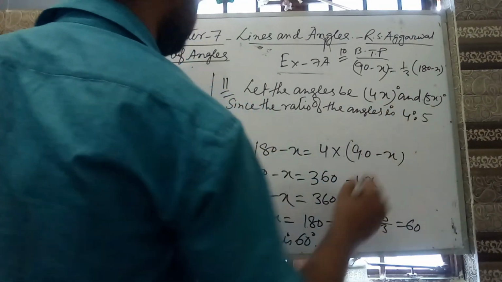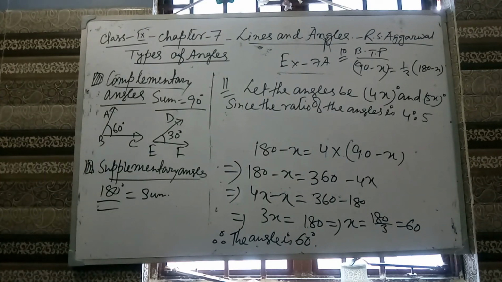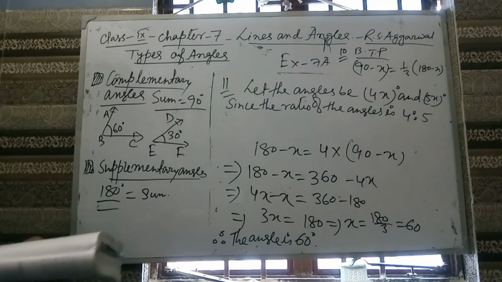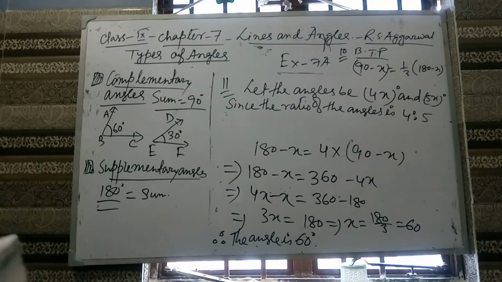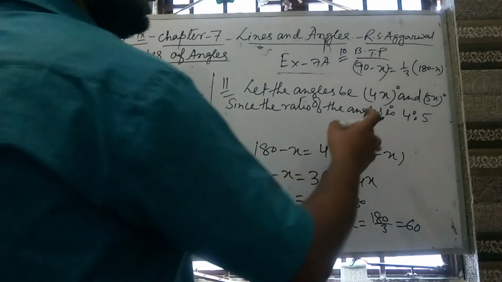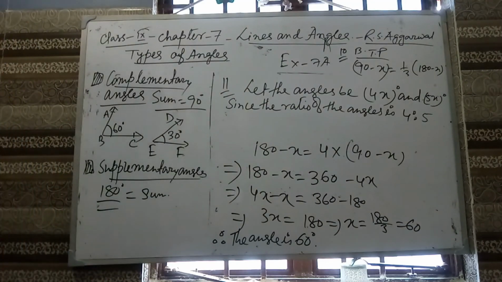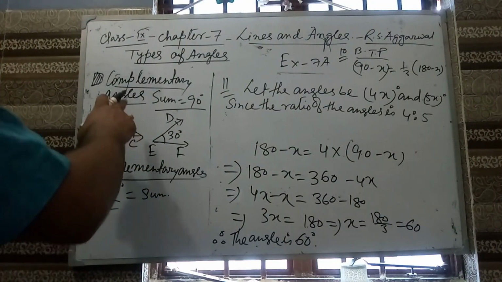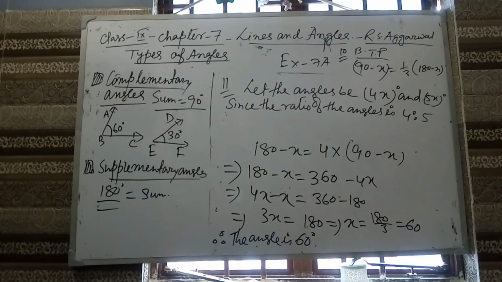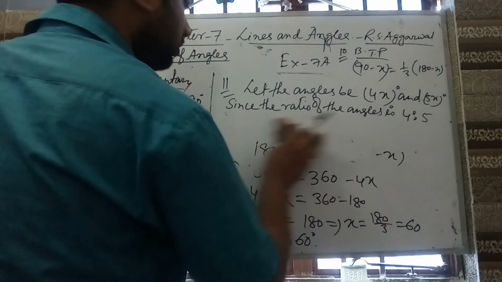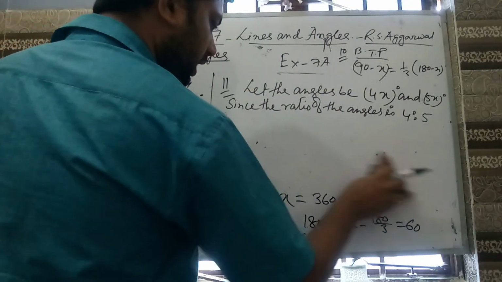That's why. Now what is given? These two angles are complementary angles. Therefore, their sum must be 90 degrees. As you all know, the sum of complementary angles is 90 degrees. So, write down.